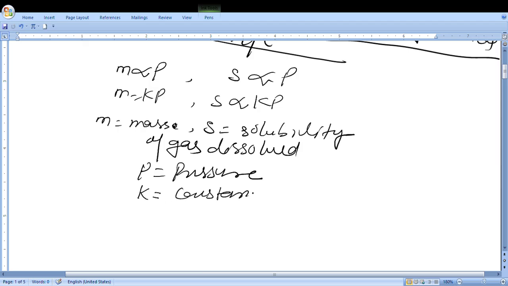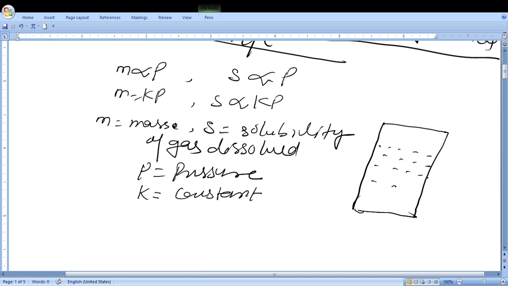Here we are saying that pressure is exerted on the surface of liquid, but generally when we go to the market and purchase any soft drink, we see that the bottle has some space between the liquid and the lid.